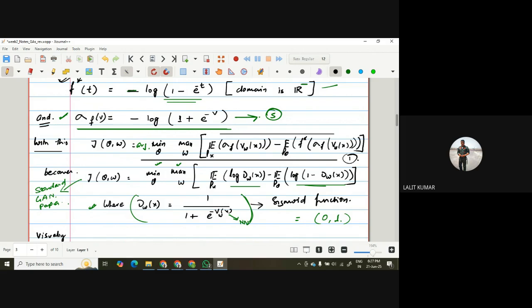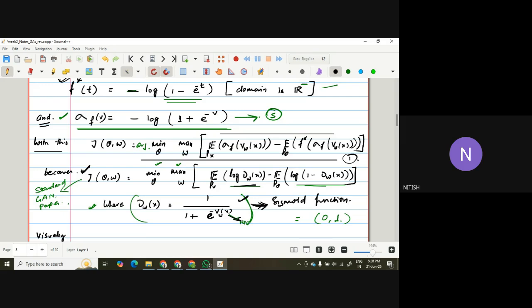Now when you put this f(u) for the GAN, you get this standard equation. The loss function is min over theta, max over w, of the expected value of log D_w(x) minus the expected value of log (1 minus D_w(x)), where D_w is a sigmoid function, with e to the power minus V_w(x) in the denominator, and V_w is a neural network. So this is for a GAN.